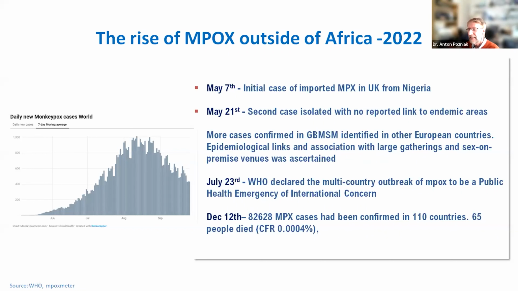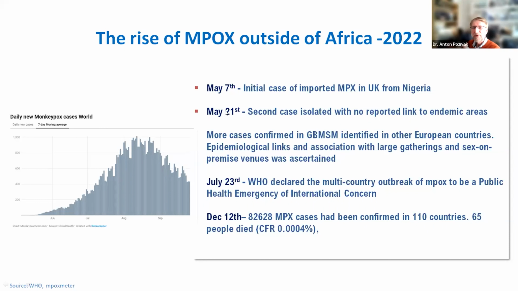So then suddenly it was realized that there was person-to-person transmission within the UK without any link to Africa. And then suddenly gay and bisexual men and MSM in other European countries started to develop monkeypox, associated with large gatherings and parties and sex parties, all of these started to be associated. So we then knew that it was imported from Nigeria and then started to spread locally.